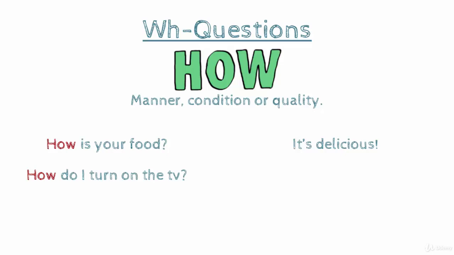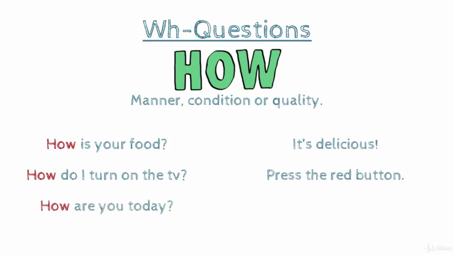How do I turn on the TV? Press the red button. How do I turn on the TV is a question about manner, okay? And how are you today? I'm fine, thank you. How are you today is a question about condition, okay?